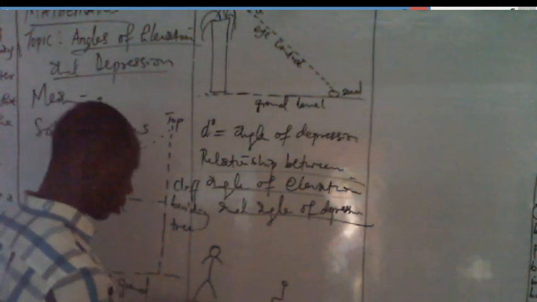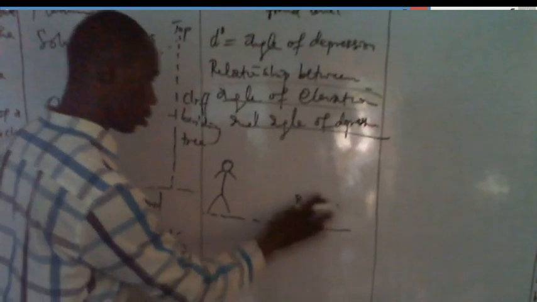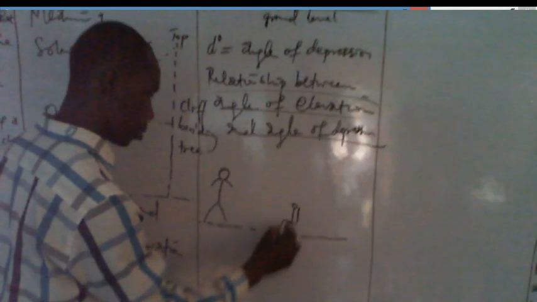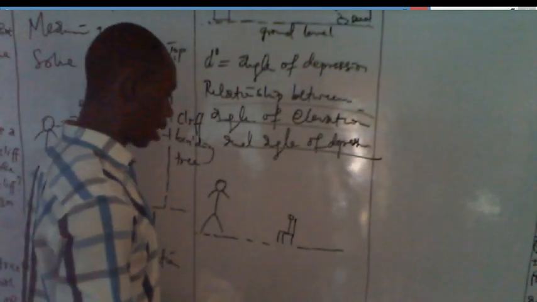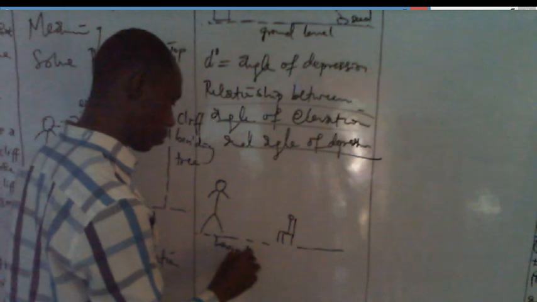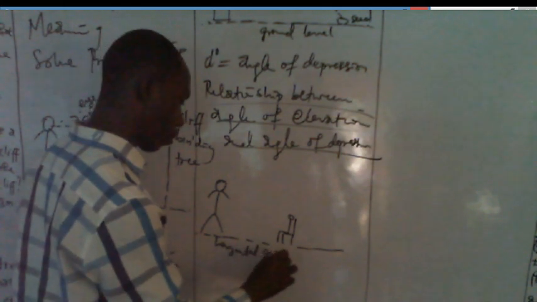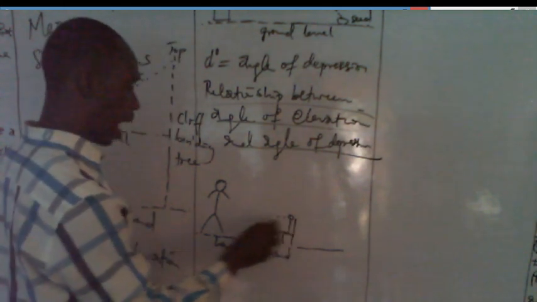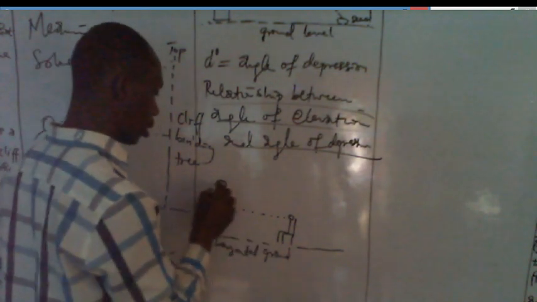Now, let's say both the teacher and the students are on the same horizontal ground. This is the eye level of the students. This is the eye level of the teacher.